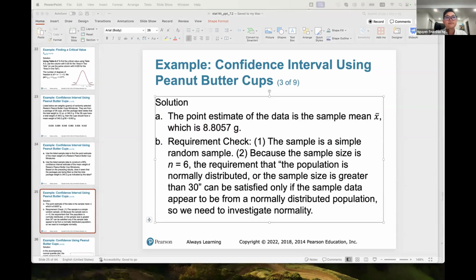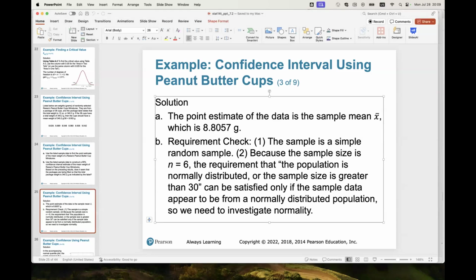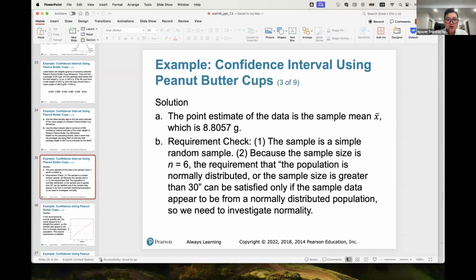Are we good? Yeah, we're good. We just use a calculator, so I'm going to skip that step because that one is easy. We get 8.8057 grams.